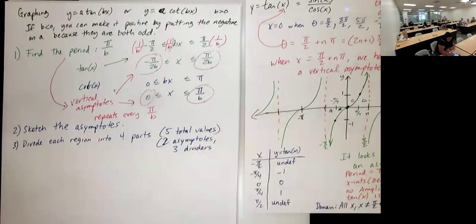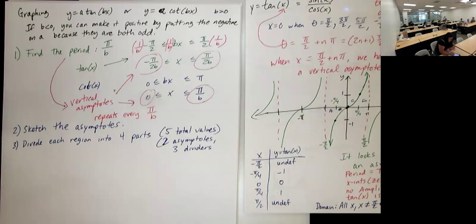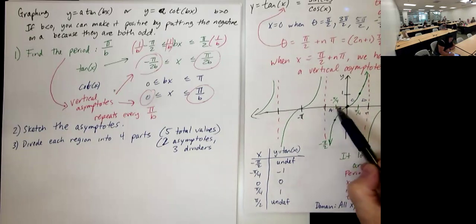Because if you need 4 regions, you only need 3 lines to divide it into 4. Pi over 4, 0, and pi over 4 was what we had. You're just gonna chop it like we did with sine and cosine. Cut it in half, cut each of those in half again, and you've got your 4 parts. It's like we did here: halfway point and then halfway point of each of those.